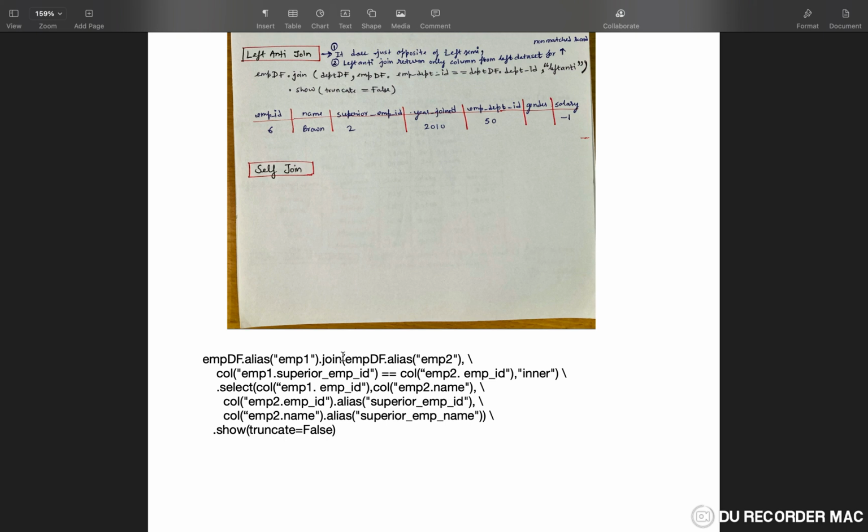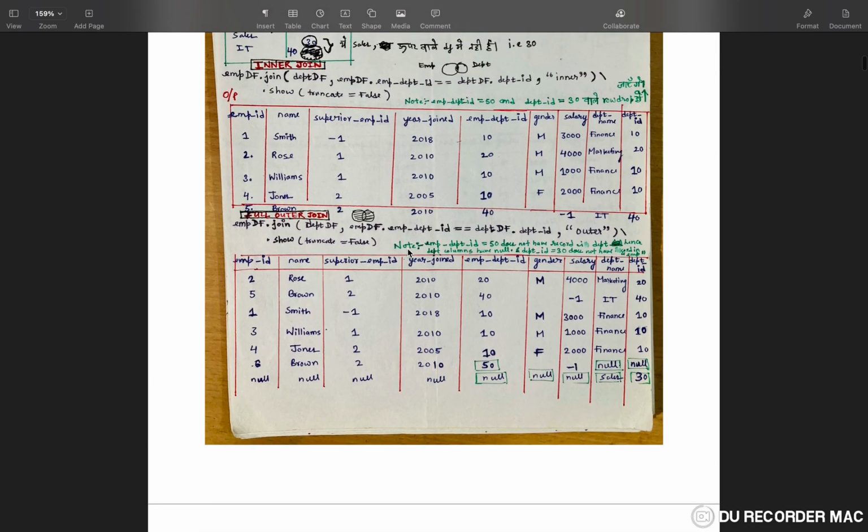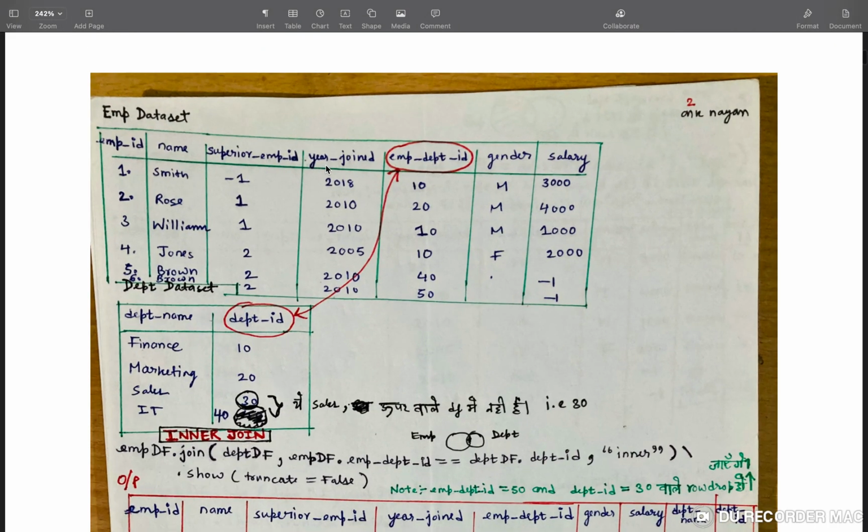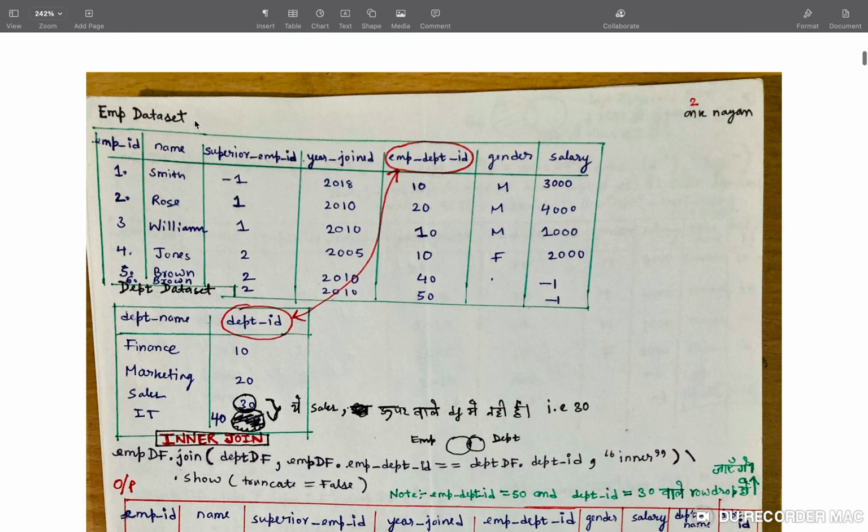We are just renaming here and we are joining it on column employee 1 dot superior employee id equal to column employee 2 dot employee id. So the joining conditions are on superior employee id and employee id. So let us come to the data. We are just talking about this employee data frame here, and we are joining on the condition of employee id to superior employee id, right?